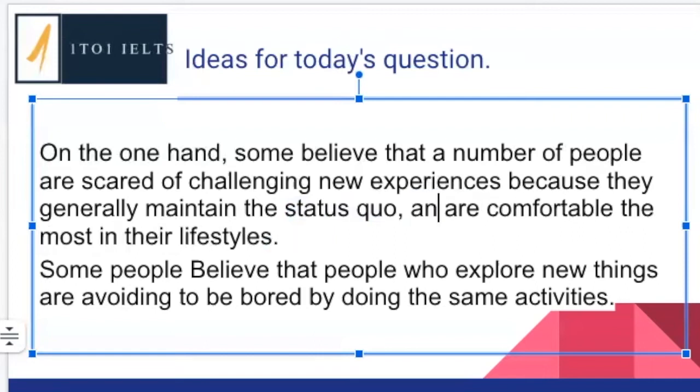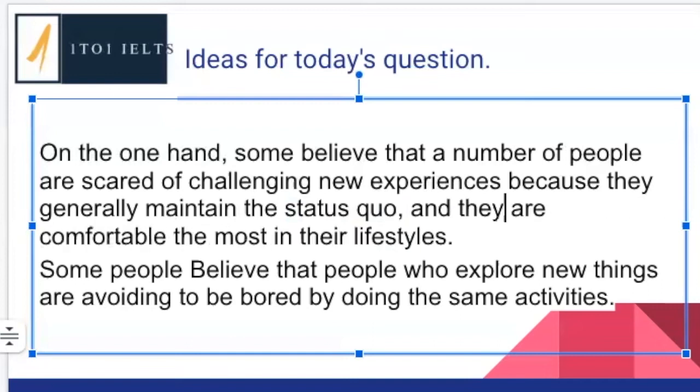Nabila, yeah, "and". Okay. And then we want a subject. So "they are comfortable the most". I think we mean here "with their lifestyles". So if someone is comfortable with their lifestyle and they want to maintain the status quo, is this the same or something different?